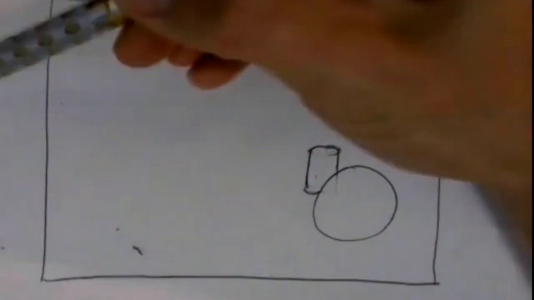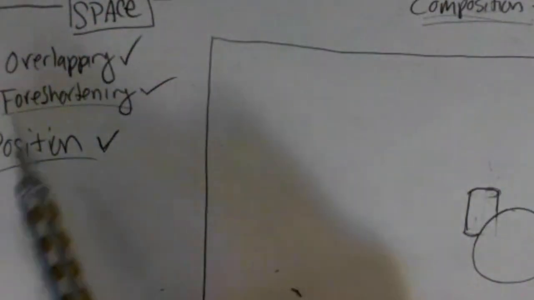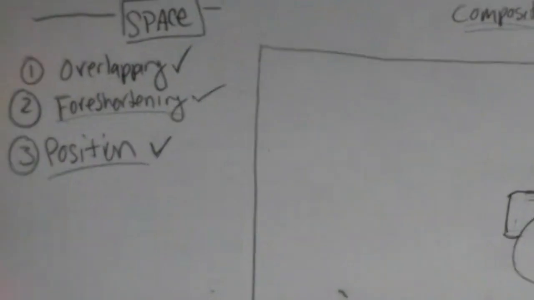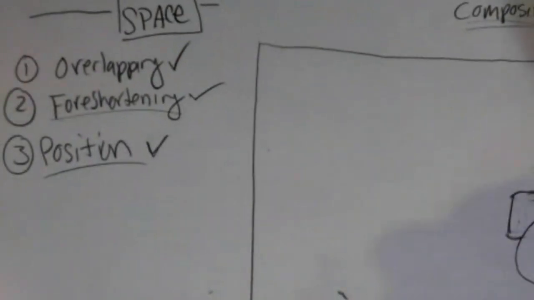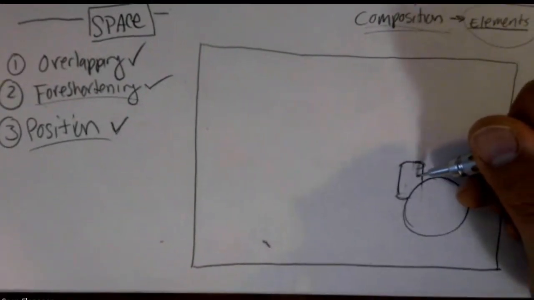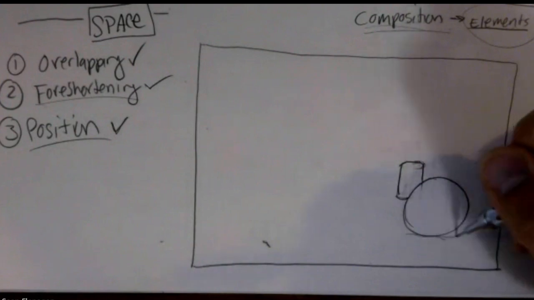So I'm checking off all three boxes with all three of these different indicators for showing space. All right, I've got my sphere. It's large. It's overlapping the cylinder, and it's further down. Okay, the baseline is lowest on the page.